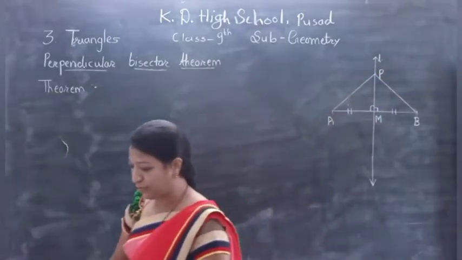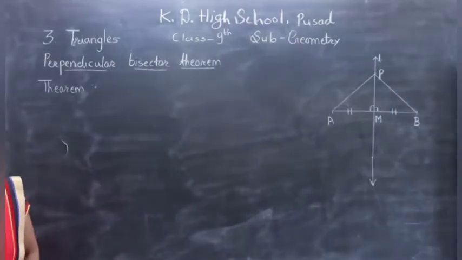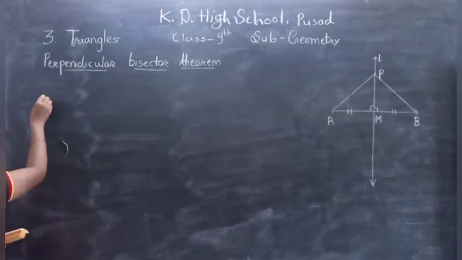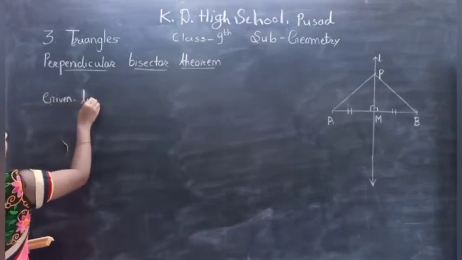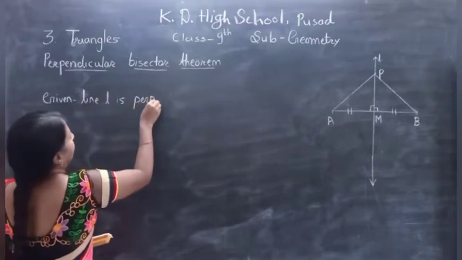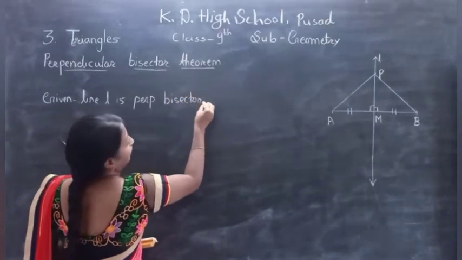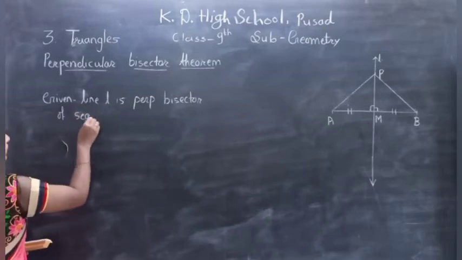Okay, so first of all, given: line L is the perpendicular bisector of segment AB.